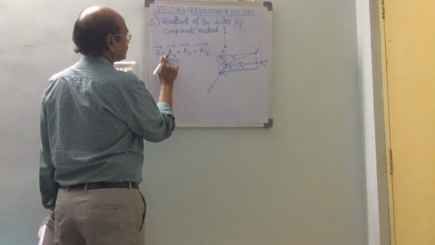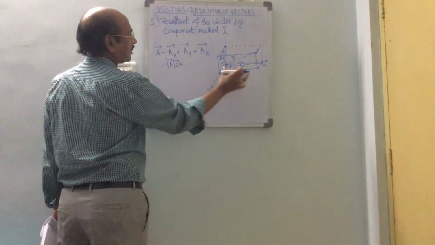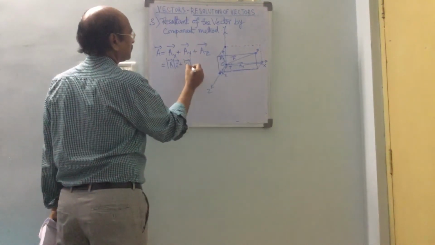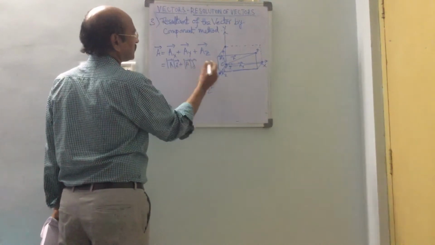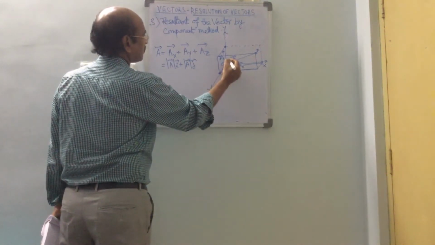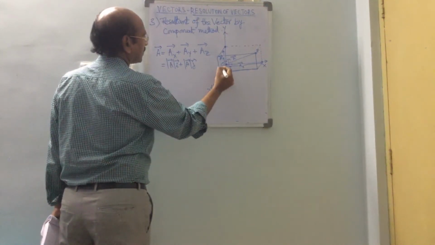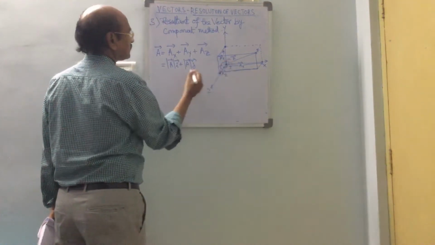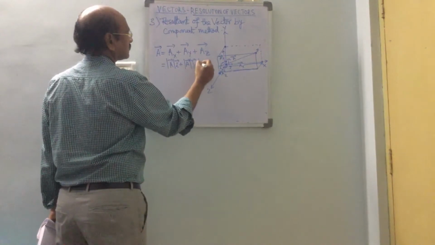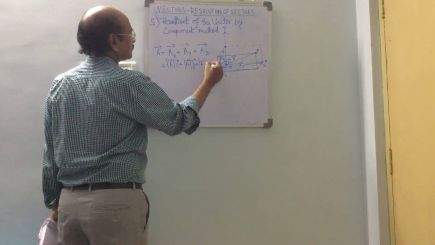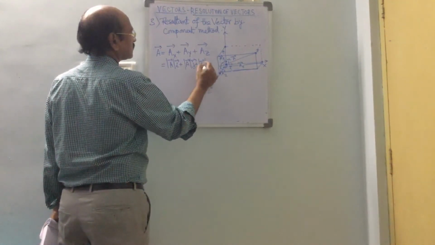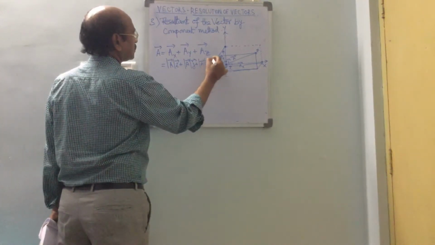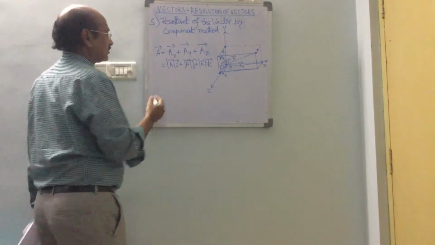And A bar Y can be written as modulus of A bar into J bar. In this direction, J bar is the unit vector. In the Z direction, the unit vector is K bar.